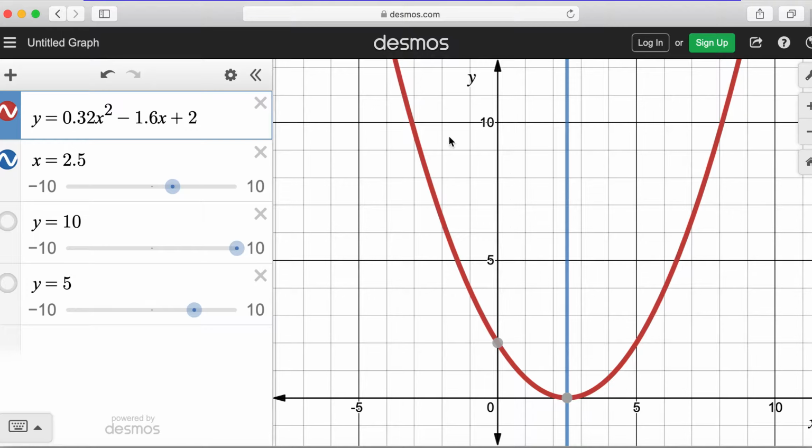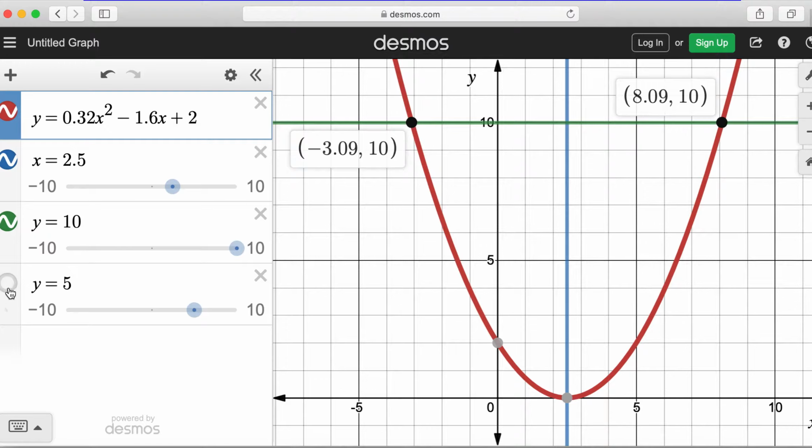You can take any point, but let me take, for example, y is 10. From the axis of symmetry to this point here is 8.09. Those two points determine the diameter of the bubble.